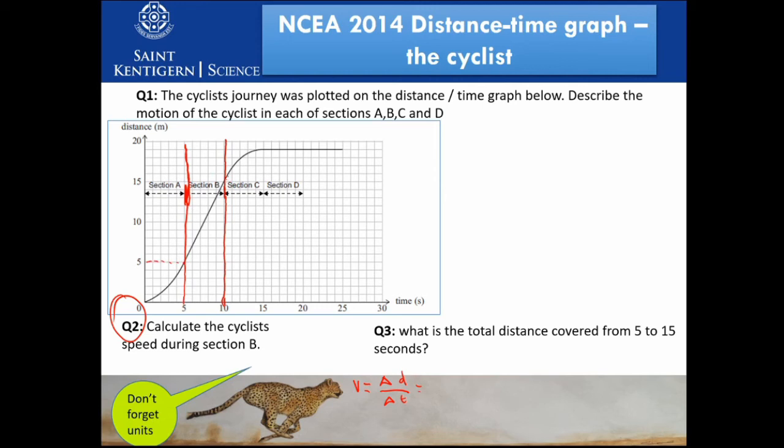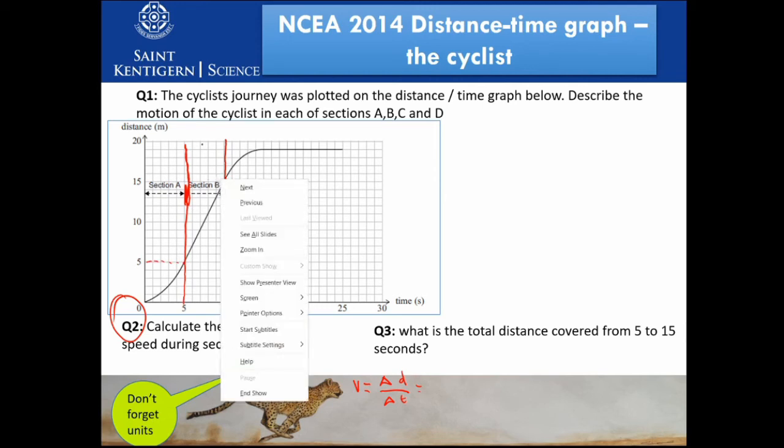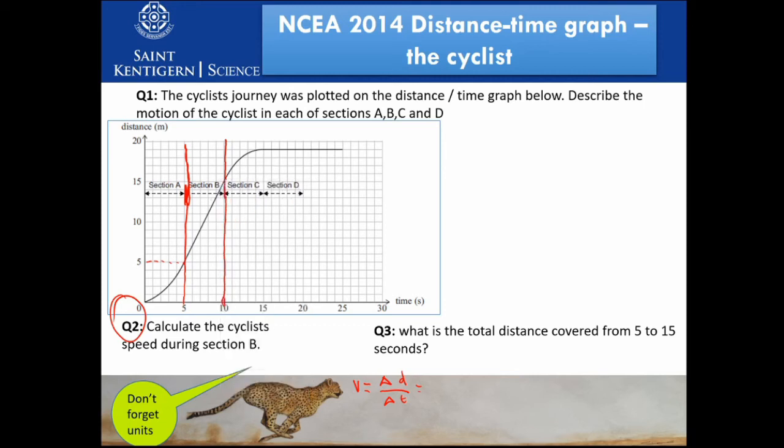Now, when we draw this across, we have to look where this ends. Okay, so what you'll see there is that we basically have our delta D. Now that's change in distance.